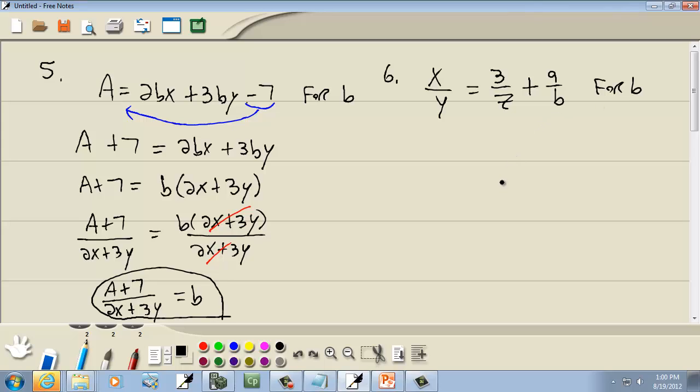First step, get rid of parentheses. Don't have any. Second step, get rid of fractions. Multiply everything by the LCM of all your denominators. Well, we got y, z, and b. LCM, when you got different variables, is very easy. It's just you put them all together. So our LCM is byz. So we'll multiply everything by byz.